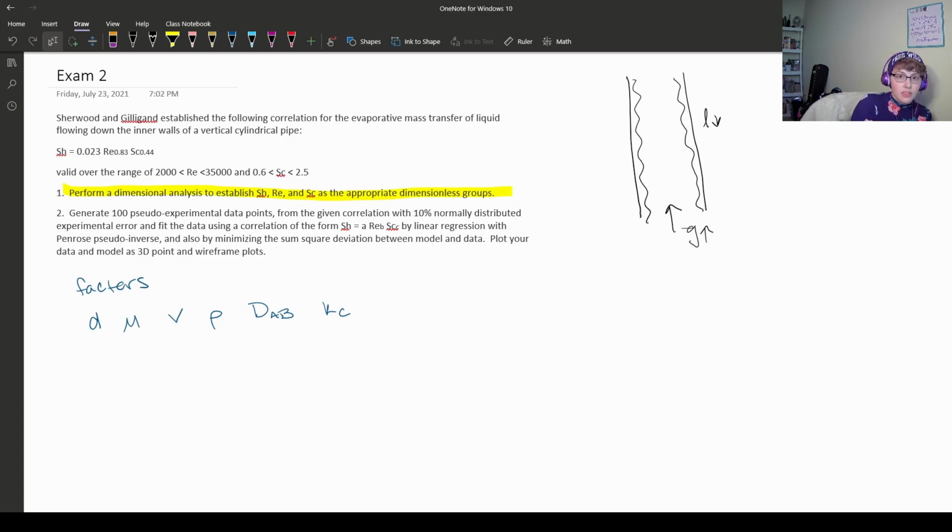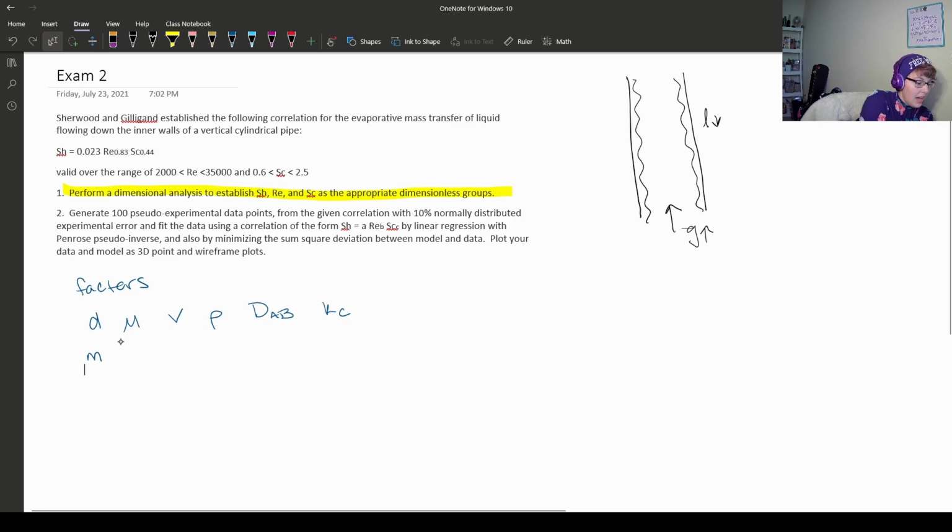So now that we've identified these factors, we're going to need to build a dimensional matrix. In order to do that, we first have to identify the base units that are used to describe each of these parameters or factors. For the diameter of the tube, we can look at meters. We'll just use SI units.